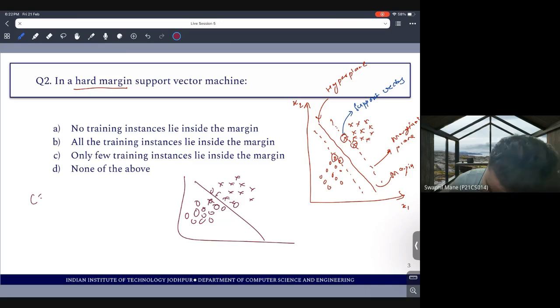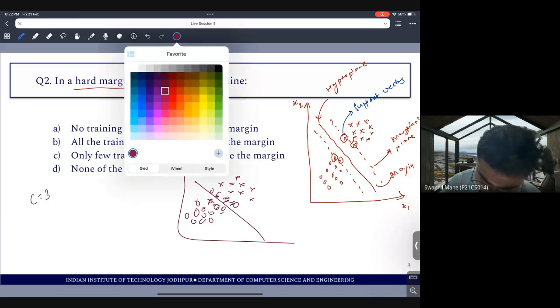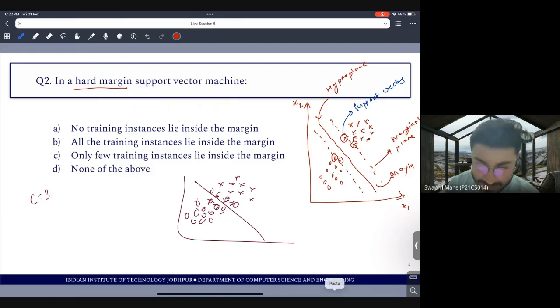So if I give it as 3, these points are misclassified. Ignoring these 3 points, it is searching for other points which act as support vectors.